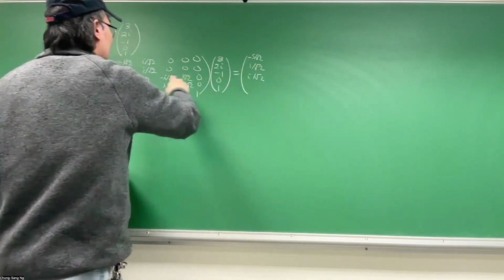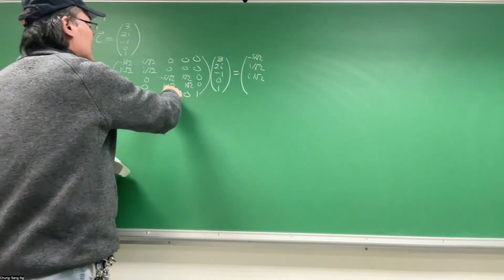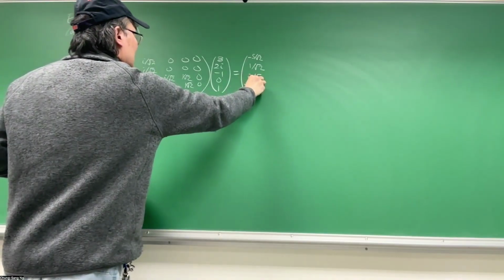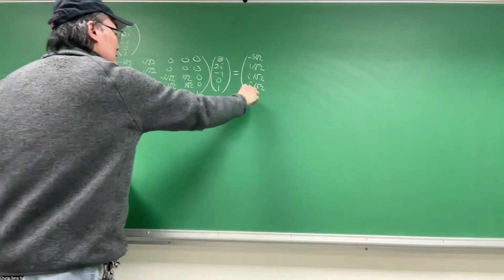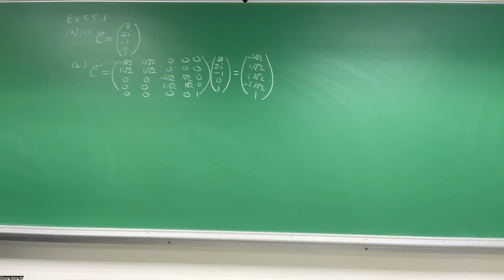Square 2. And likewise, this one is -I. Yeah. The last one is trivial. Right. Let's see if I got it. Yeah. This is right.